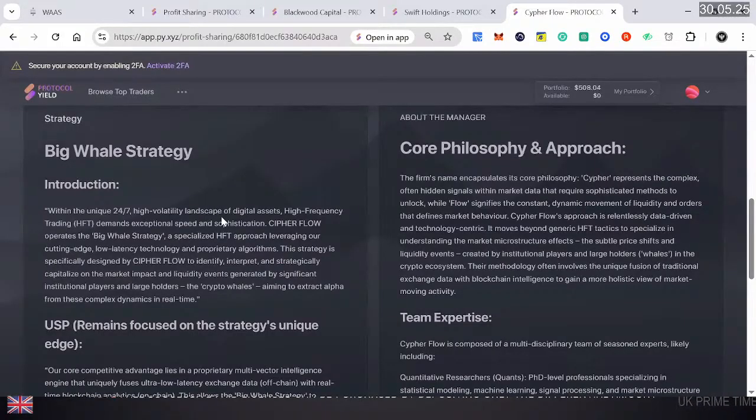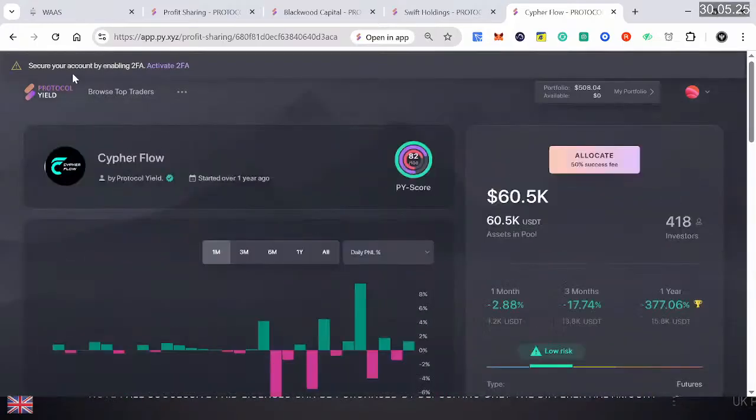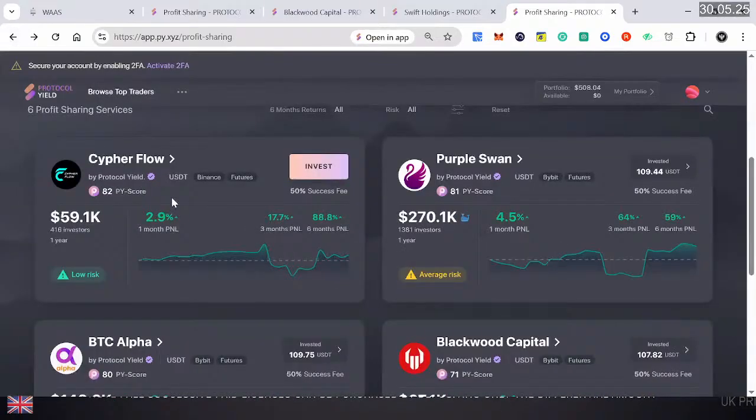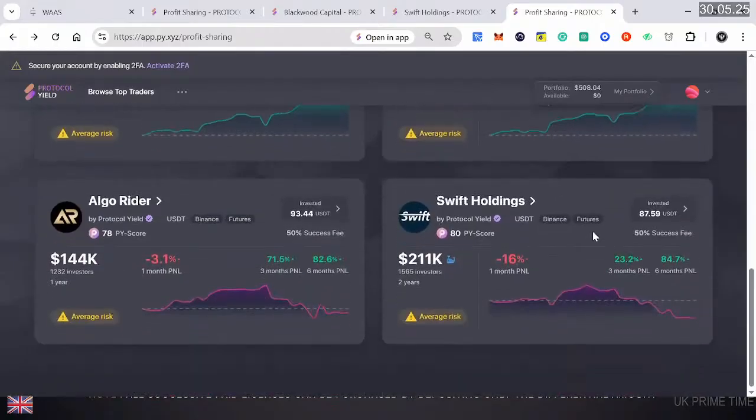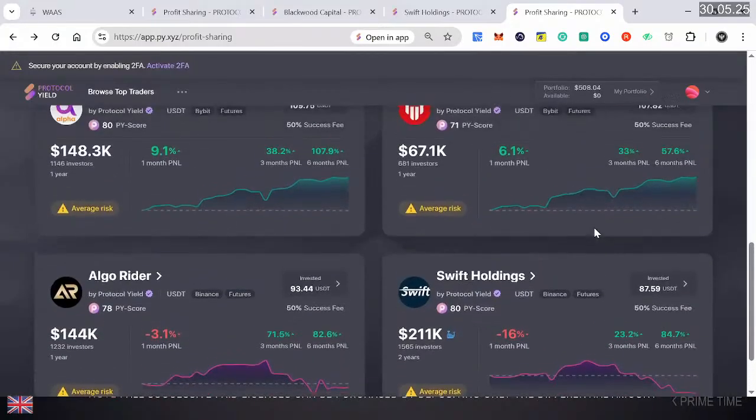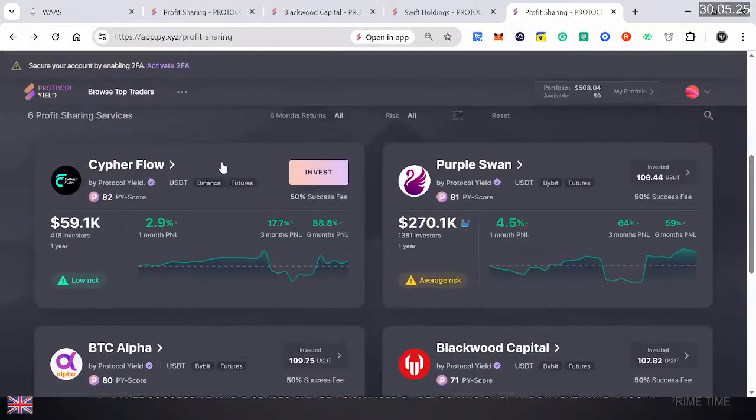They have different software, different strategies, different algorithms. Through this, they trade in the market. Some HFTs are on Binance, some are on Bybit, like this is on Binance, this is on Bybit. Most traders trade on futures. Futures is a trading segment, right?